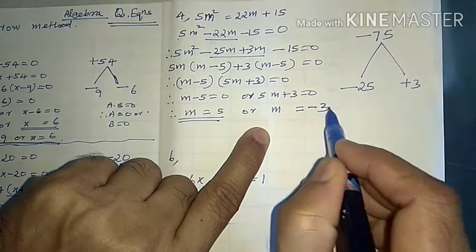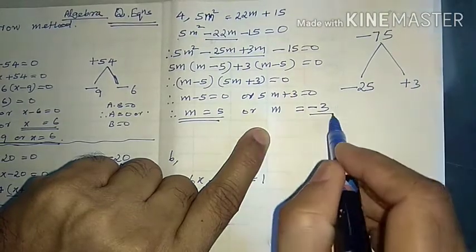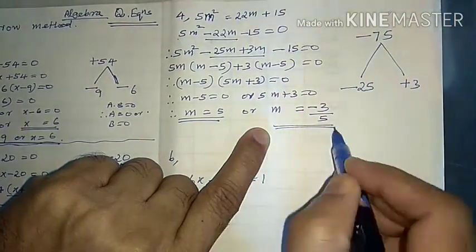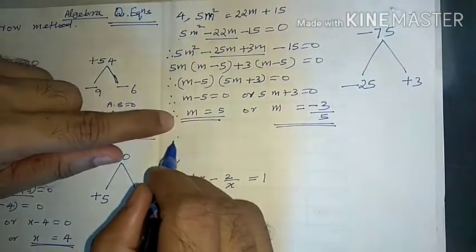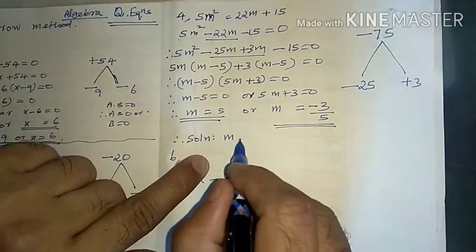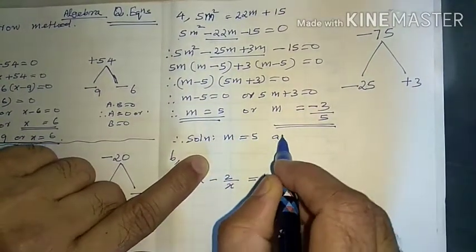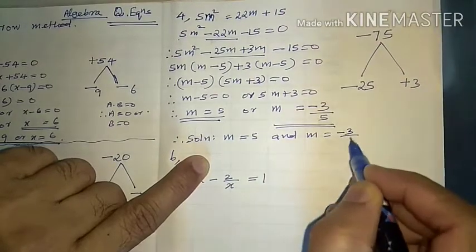With opposite sign we are taking that minus 3. Here multiply by 5, you divide that by 5. That's the second answer. This is minus 3 by 5. Therefore solution. What is solution? m is 5 and this m is minus 3 by 5.